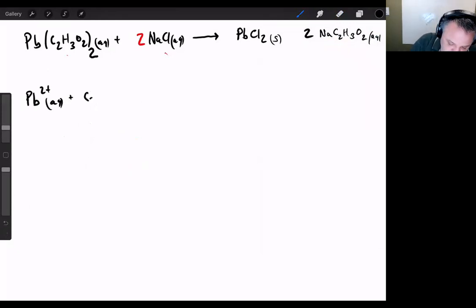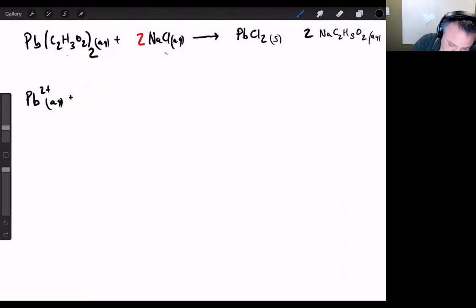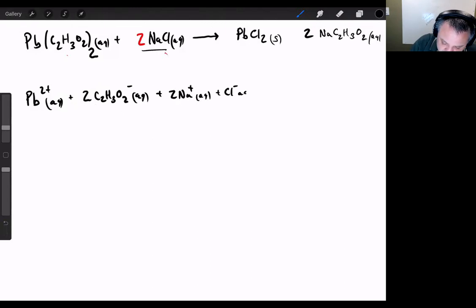I do not write Ac2, I write it like this: 2 acetate ions, and they're aqueous. Now, I'm going to do the same thing with the stoichiometric coefficients here. 2 sodium ions, aqueous, plus a chloride ion, aqueous.